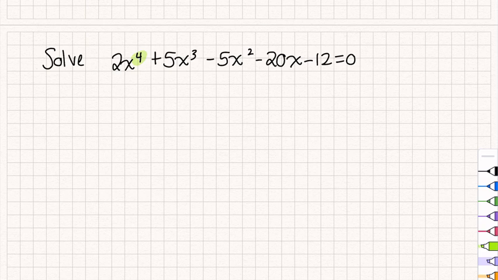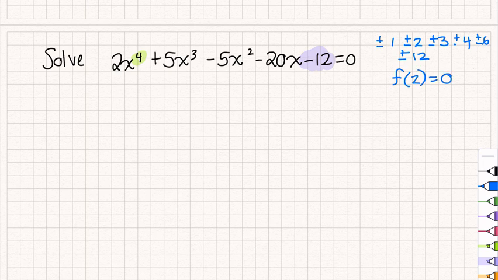So first thing we're going to do, we're going to find which value will make this equation equal to 0. So we're going to check plus minus 1, plus minus 2, plus minus 3, plus minus 4, plus minus 6, plus minus 12 if we need to. And we'll see that f at 2 is going to give us 0.